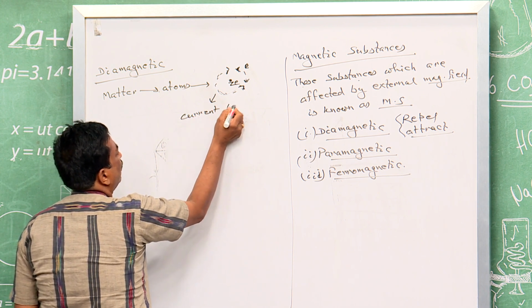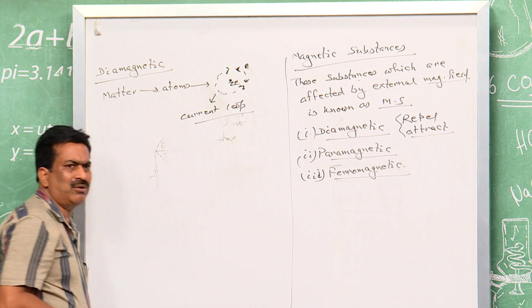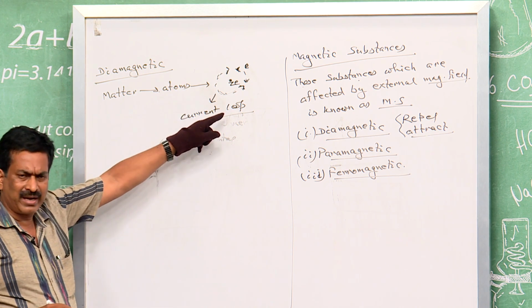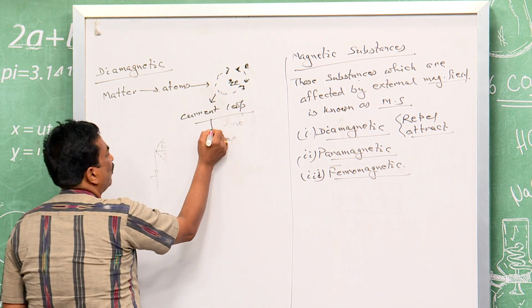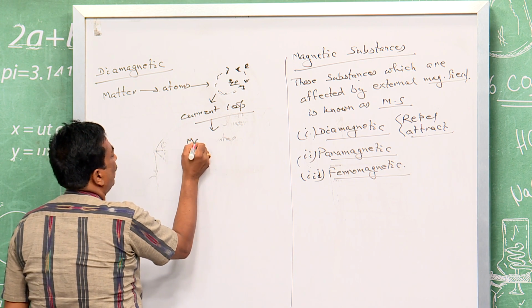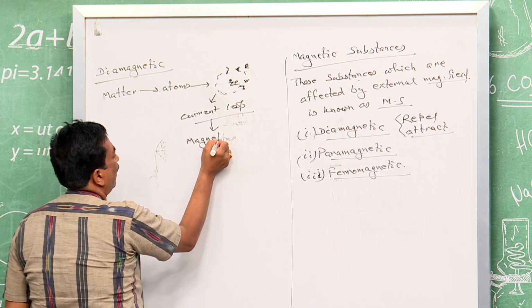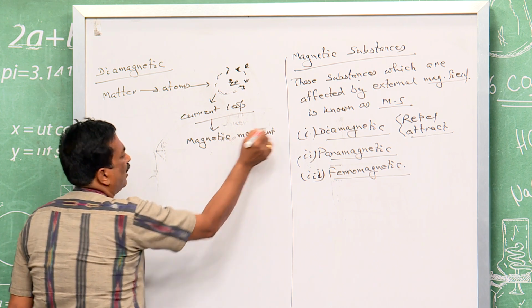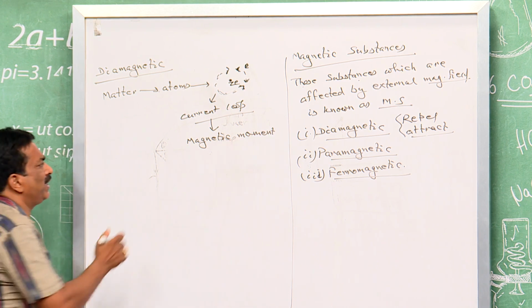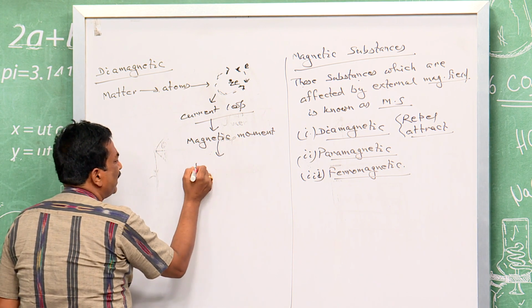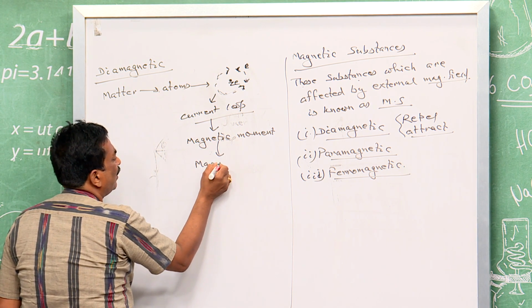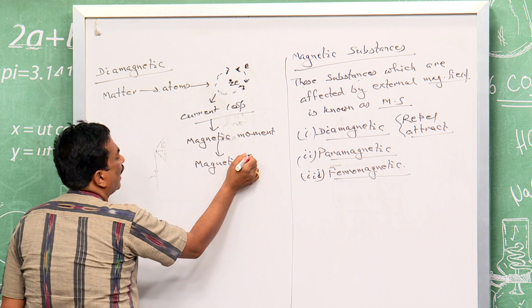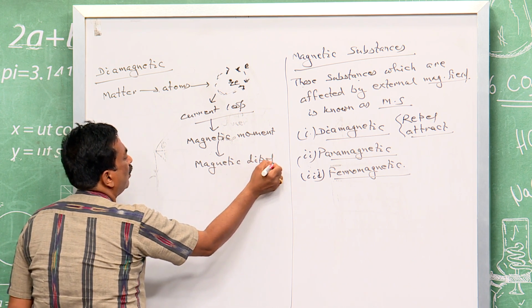If the current loop is there, then it will produce a magnetic moment. If the magnetic moment is there, then it will behave as a magnetic dipole.